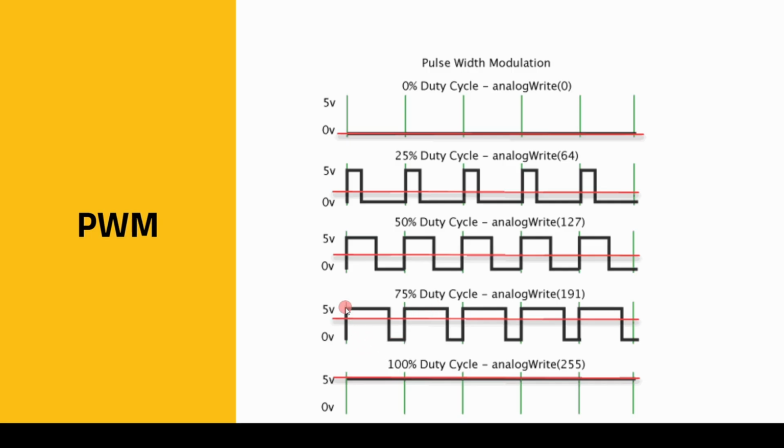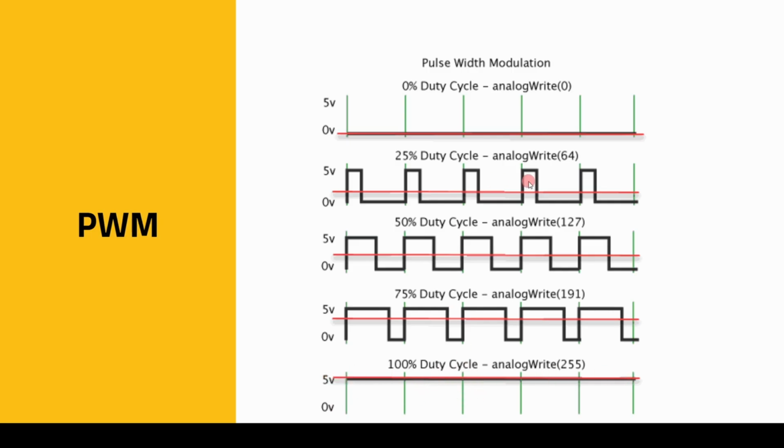If you consider the duty cycle as 100%, then it's obvious that the on time is 75% and the off time is 25%. And then if you go all the way up to 255, then you have a 100% duty cycle, in which case the output voltage doesn't switch off at all. The average goes up to 5 volts.